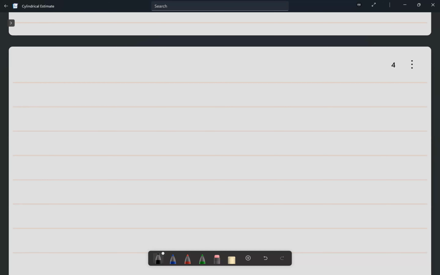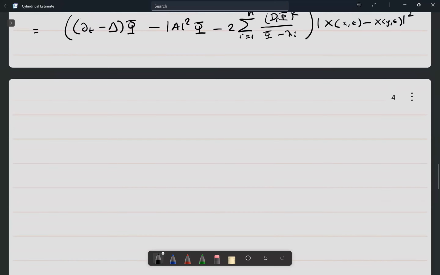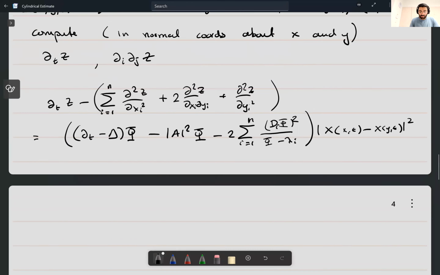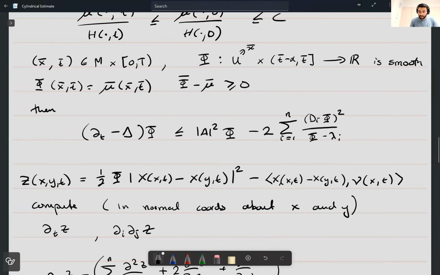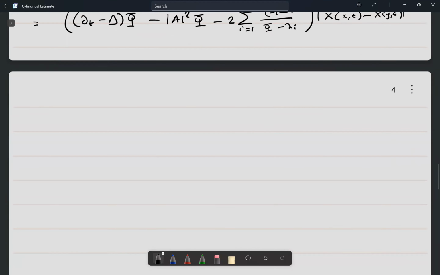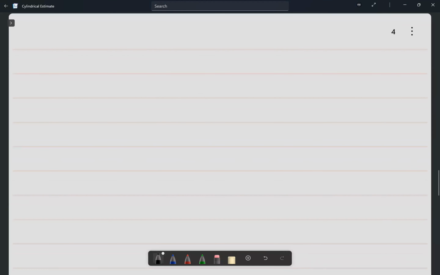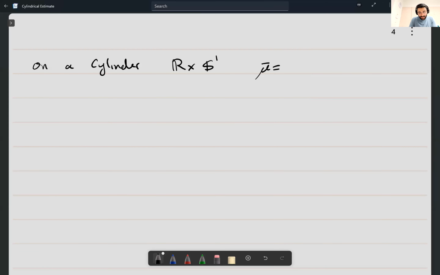But if kappa 1 is 0, yes, right, kappa 1 is 0. So on a cylinder, mu equals h. If you're just R cross S1 on the round cylinder, mu bar equals h.